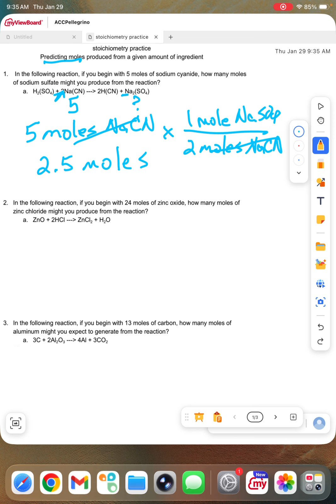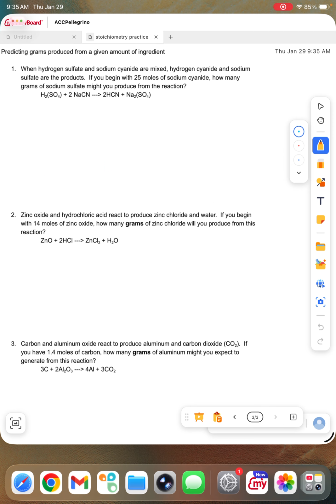Now, if you go to the next page, the back side, they're asking you to predict grams. So this is going to be a little bit more involved, because first we're going to have to figure out how many moles, and then in order to figure out how many grams. So this is, I think actually the same equation.